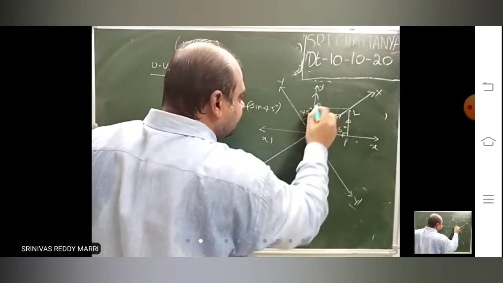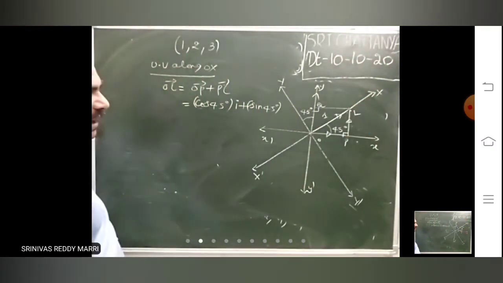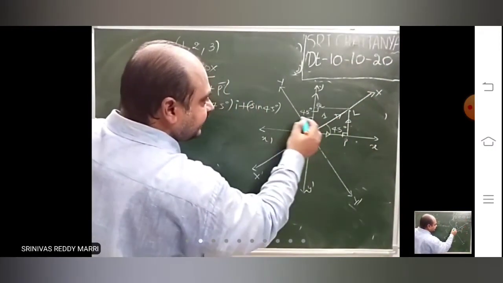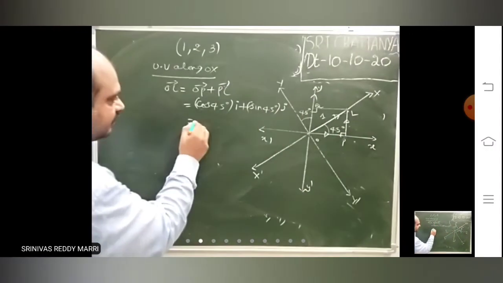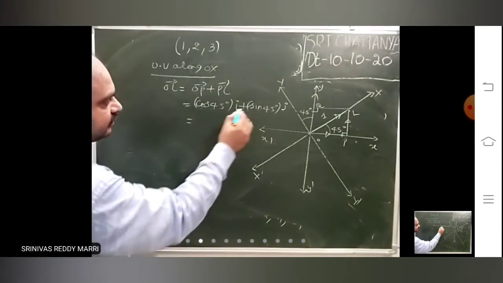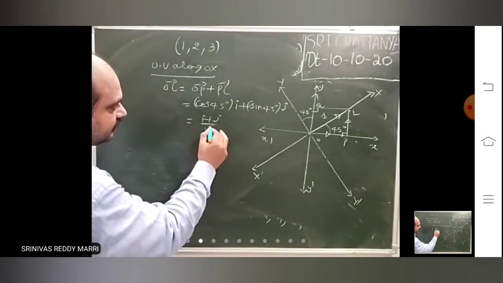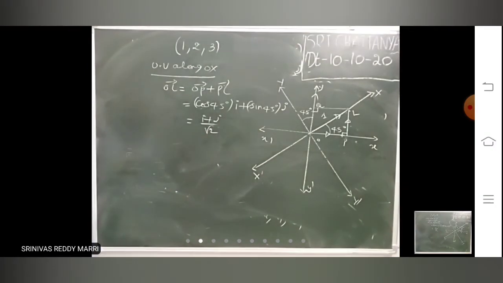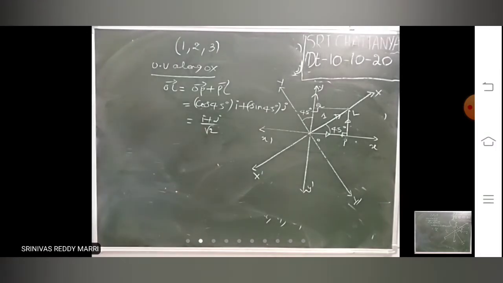Because these both are parallel, unit vector in that direction is along OY, that is j. So this is 1 by root 2 i plus j by root 2. So along OX unit vector is i plus j by root 2.